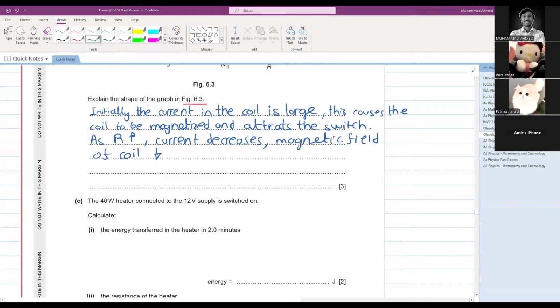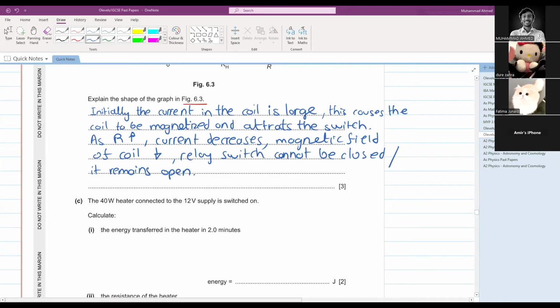And as the magnetic field of the coil decreases, the relay switch cannot be closed, or you can say it remains open. Perfect. This is how you write your answer in a neat and clean manner. This is the way to write your answers. Okay? Now, let's further move ahead.